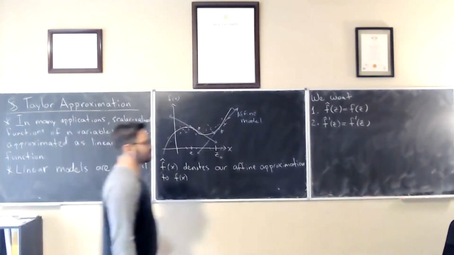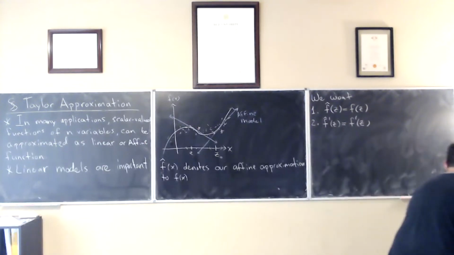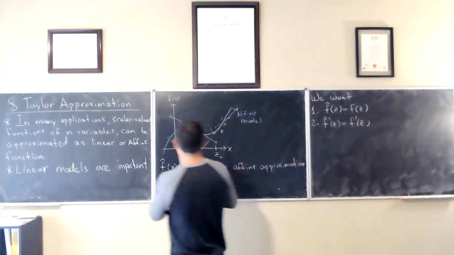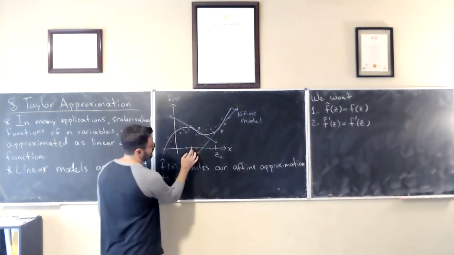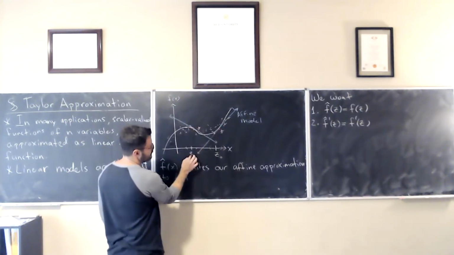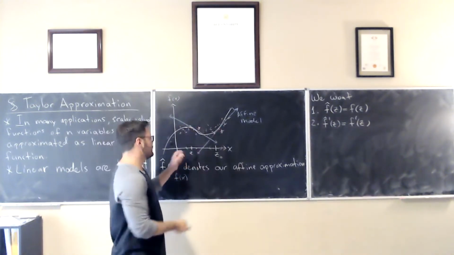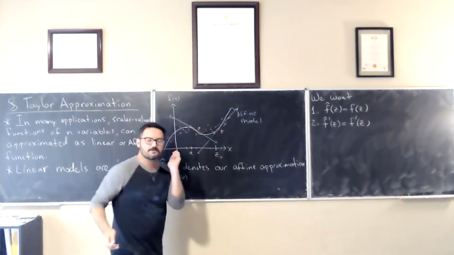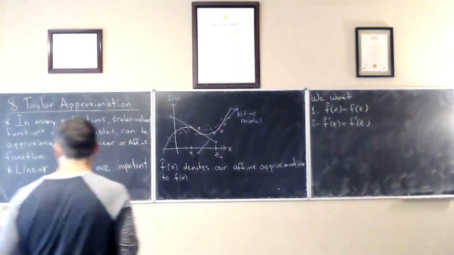If we can construct a function that does this at this value z, then we would have a linear or affine approximation to the true function here, the blue one, around that point z. Maybe not overall, but around z, it's more or less the same thing. Okay.